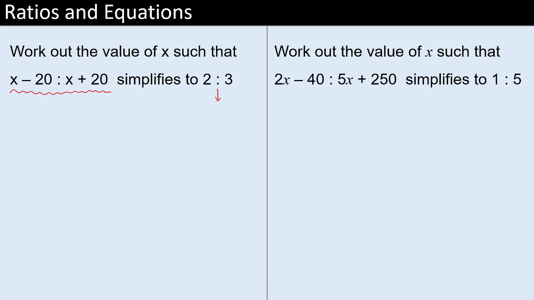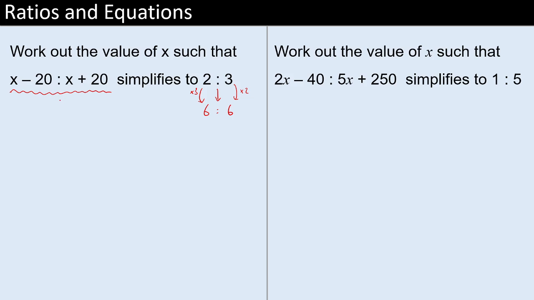I'm going to scale up because why not? A number that 2 and 3 both go into is 6. I want this to be in a ratio of 6 to 6, which means I want to times the left-hand side by 3 and times the right-hand side by 2.